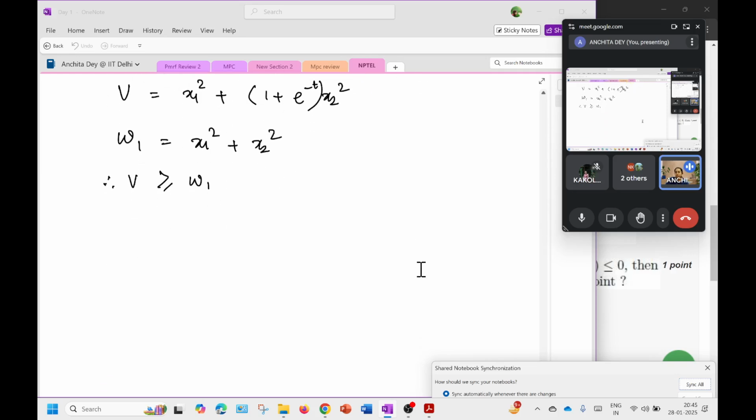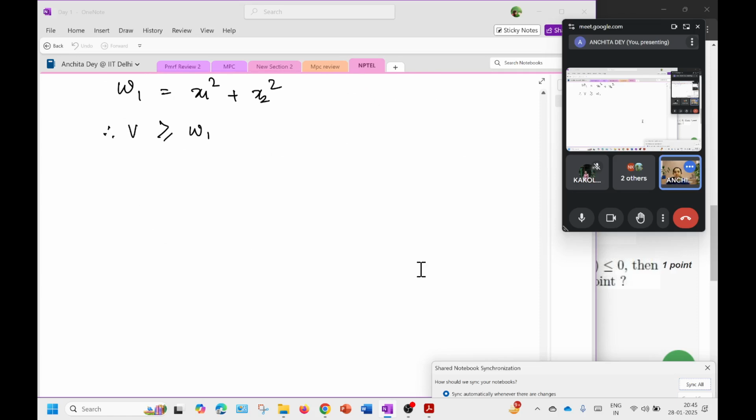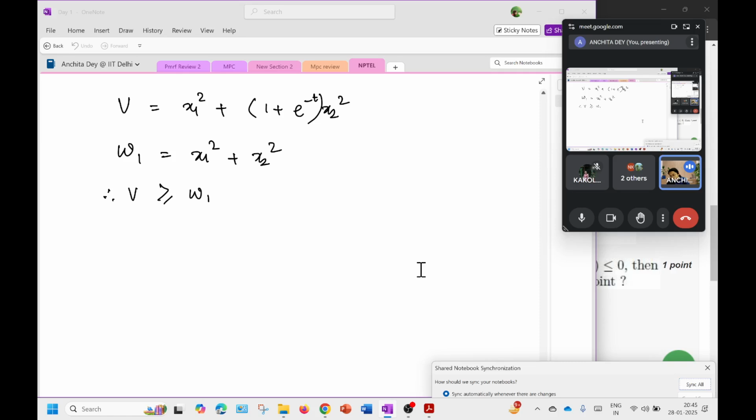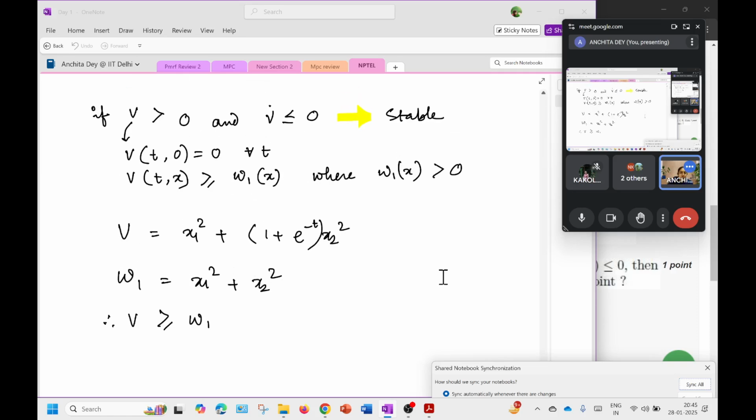Now what about going to, so yeah, let me just also mention this. W1 is greater than 0, W1 is continuous, and what's not required, okay. And W1 should be continuous as well.